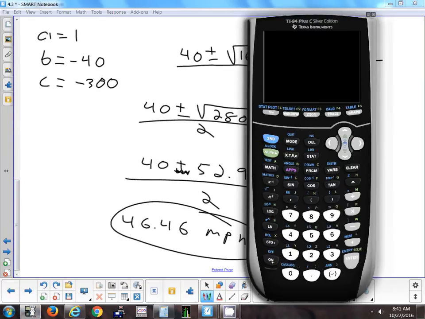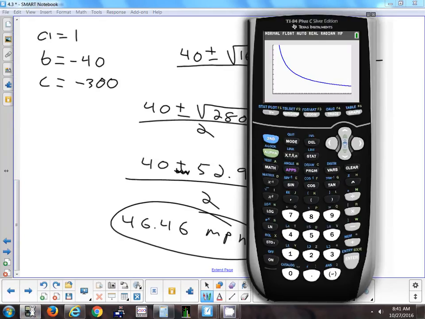Now, how would I do this graphically? What would I have to do? That's the graph of my times, and I want to know where the time is equal to what? 2, so you put a line at y equals 2. Yep, put a line at 2 and see where it crosses. And now you'd calculate what?